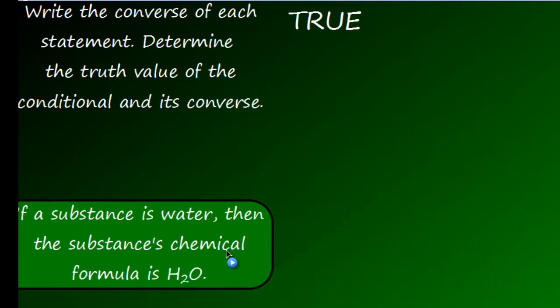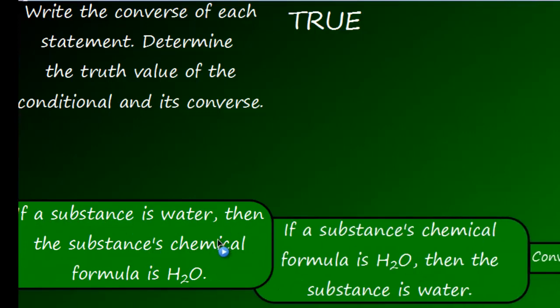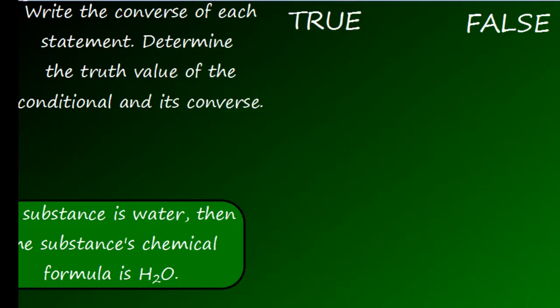We'll switch the hypothesis and the conclusion. If the substance chemical makeup is H2O, then the substance is water. Is that true? Well, that's true as well. So in this case, both the conditional and the converse had the same truth value. They were both true. But as we've shown, that's not always the case.